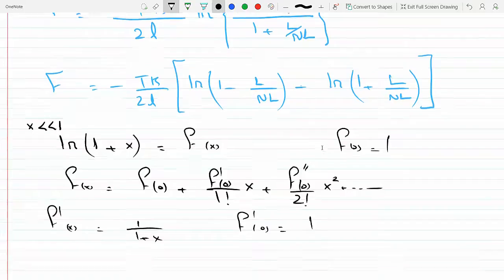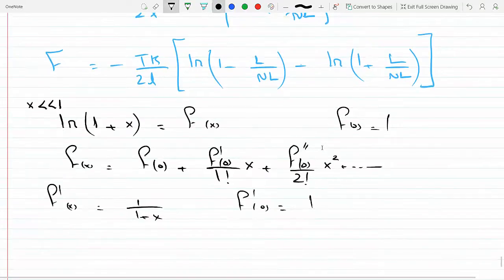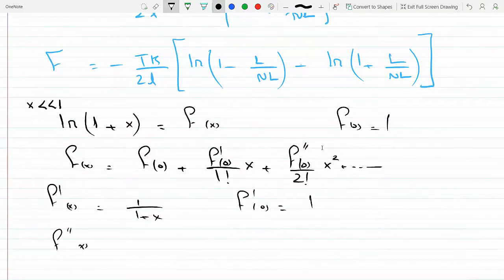If I go up to second order, f double prime is minus 1 over 1 plus x all squared, and f double prime of 0 would be minus 1.